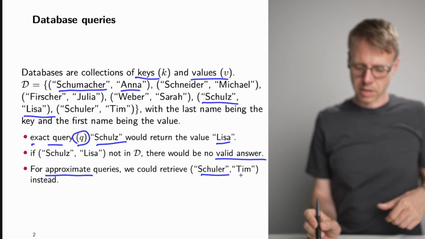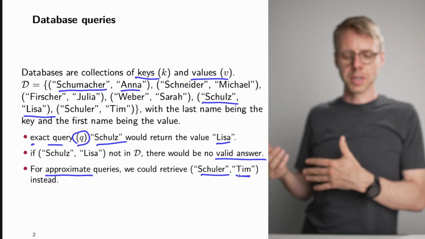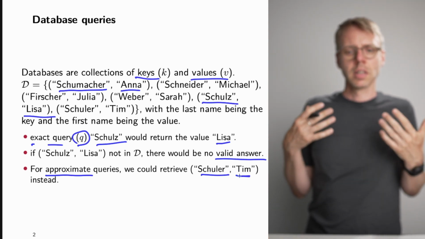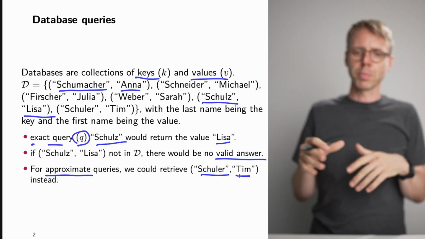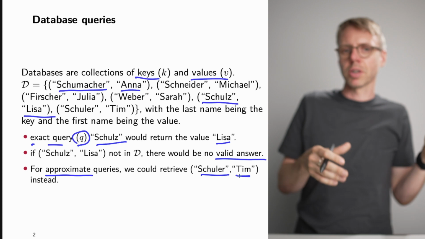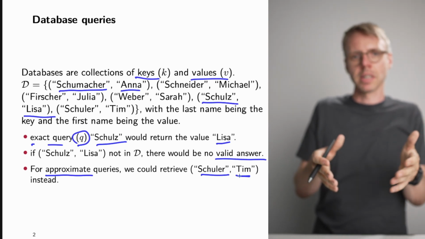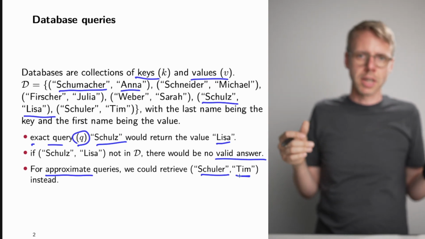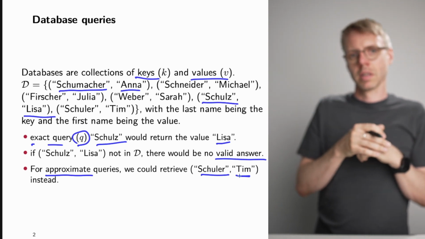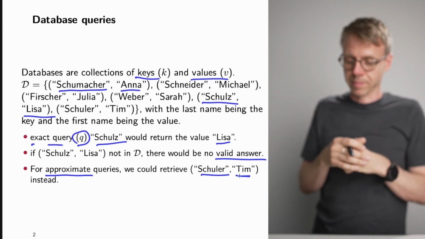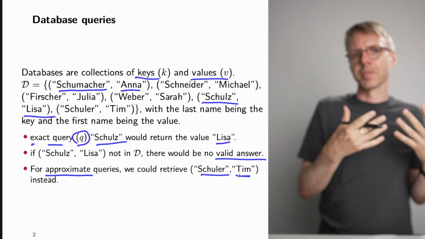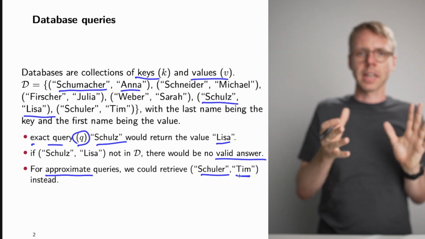So we might retrieve the value Tim. So we realize that queries operate on key value pairs regardless of the database size. So the same query could be applied to this database, it could be applied to a larger database. The query stays the same, but the response might change. And depending on the contents of the database, we might get different answers.